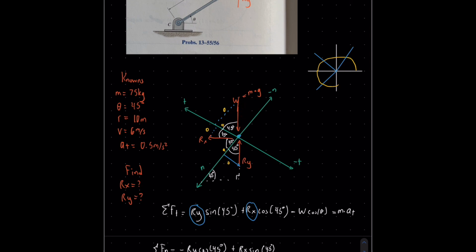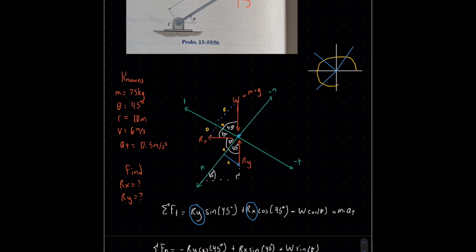And for our weight now. Okay, our weight also has a sine because, as you can see, this opposite is parallel to the normal. So that's going to be W sine of theta. And also, I want to reemphasize again, since this weight is pointing towards the bottom, it is pointing in the positive normal, so that means that component is going to be positive, unlike this one.